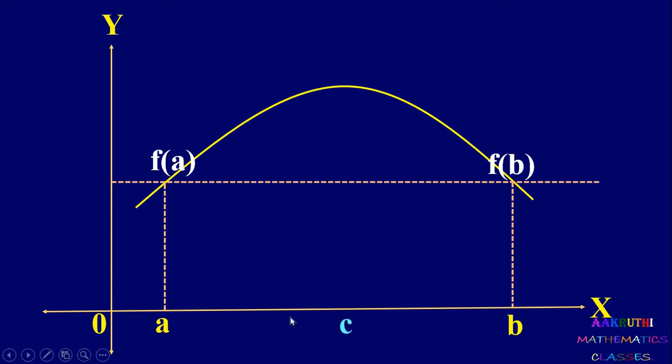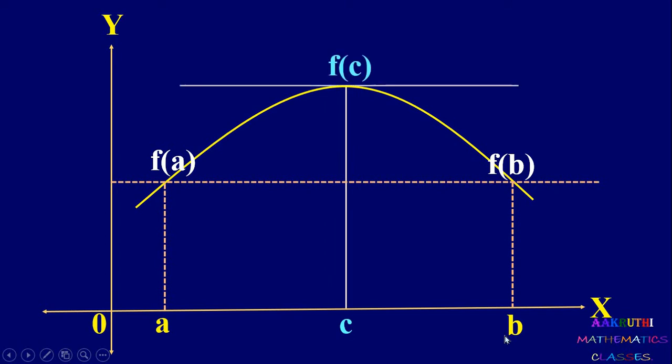Then there exists one c in between a and b such that f dash c equal to 0. f dash c equal to 0 means the slope of the tangent at c is 0, so the tangent is parallel to the x-axis. There is one point c comma f of c where the tangent is parallel to the x-axis.